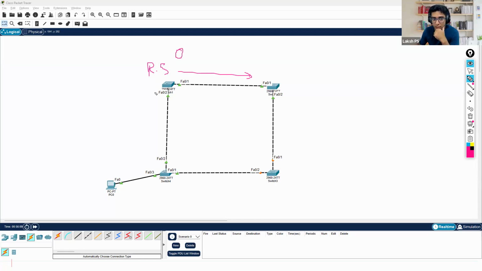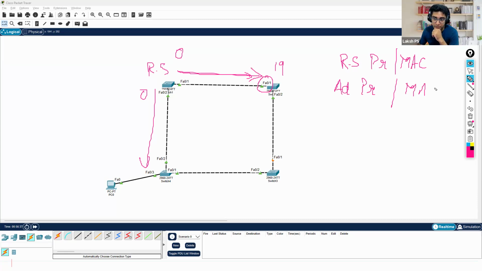0 because it's the root switch. Similarly, it will also say my cost to reach the root switch is 0. Now, switch two knows its interface cost is 19, and it is receiving the BPDU directly from the root switch, because the root switch priority and MAC address are the same as the advertising switch's priority and MAC address.